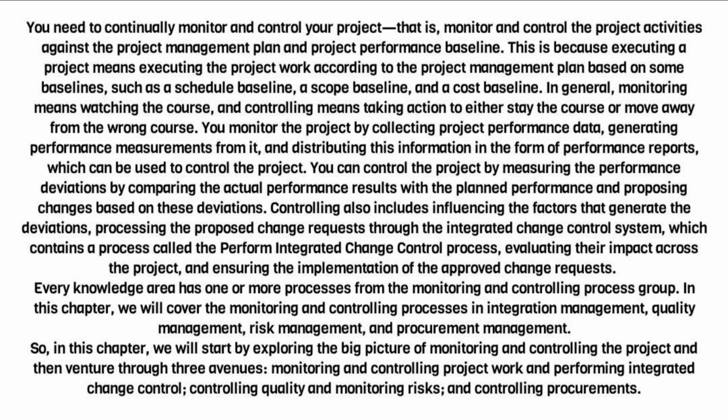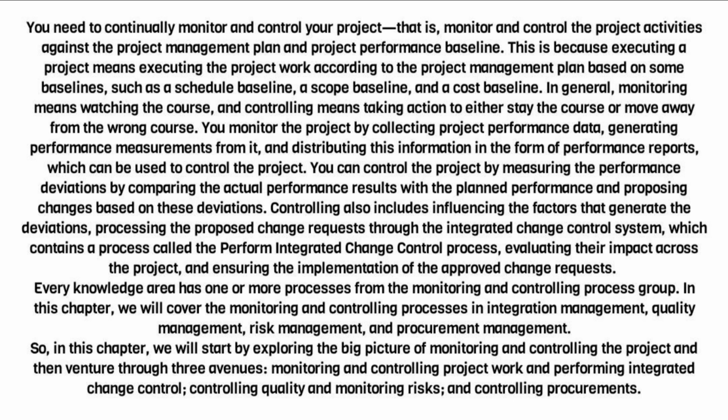Controlling also includes influencing the factors that generate the deviations, processing the proposed change requests through the integrated change control system, which contains a process called the Perform integrated change control process, evaluating their impact across the project, and ensuring the implementation of the approved change requests. Every knowledge area has one or more processes from the monitoring and controlling process group.